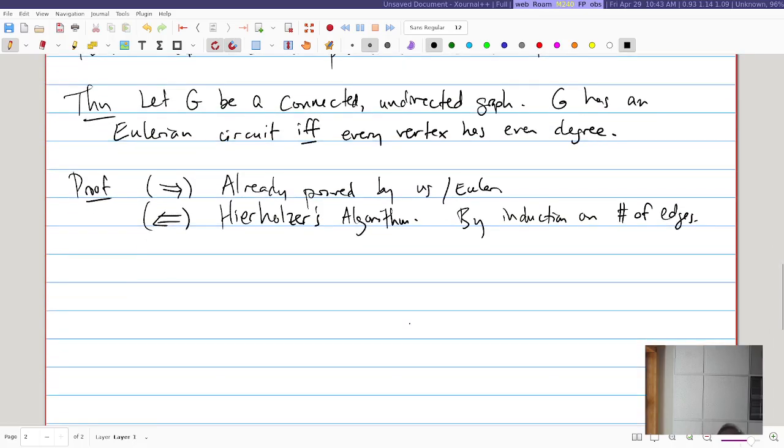Okay, so the base case, if there's 0 edges, well, if you have a graph where every vertex has an even degree, and it has 0 edges, then it must also have 0 vertices.